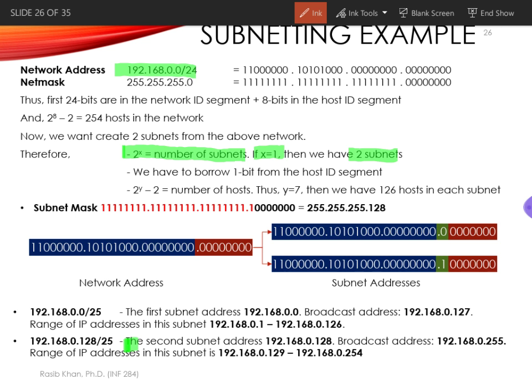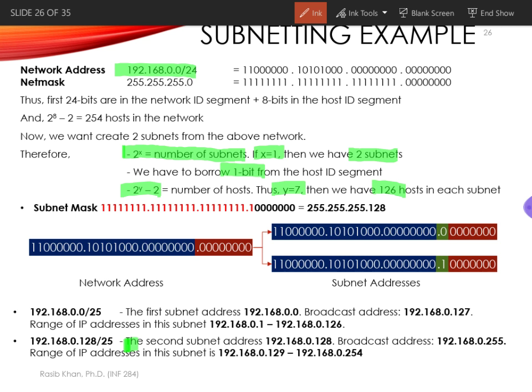We only need to borrow 1 bit from the host ID part. Before we had 8 bits left for the host ID, now we have only 7 bits. So 2 to the power y minus 2, where y equals 7, gives us 126 hosts in each subnet.